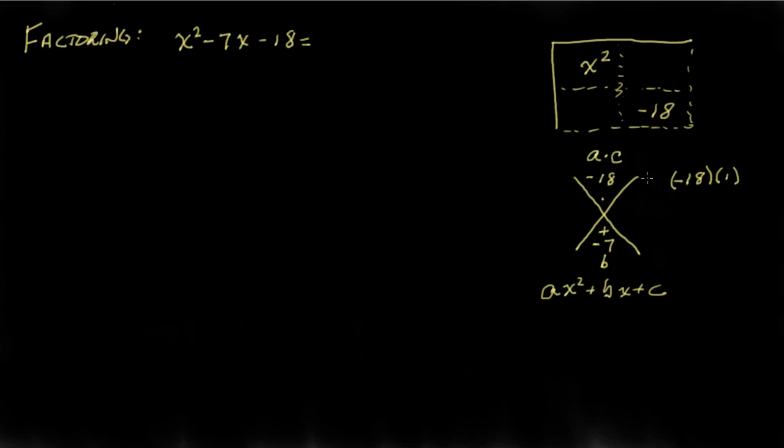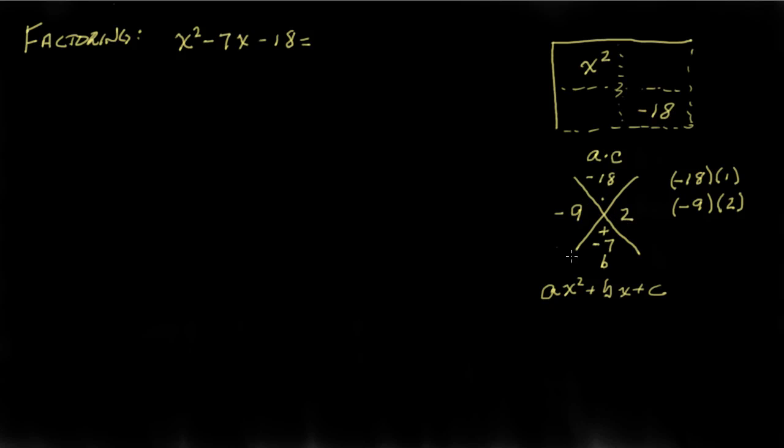So one possible pair of factors that multiply to negative 18 are negative 18 and 1, but those two numbers add up to negative 17, so they don't fit the necessity of adding up to negative 7. Another pair of numbers would be negative 9 and 2, and lo and behold I can stop searching because the sum of negative 9 and 2 is negative 7.